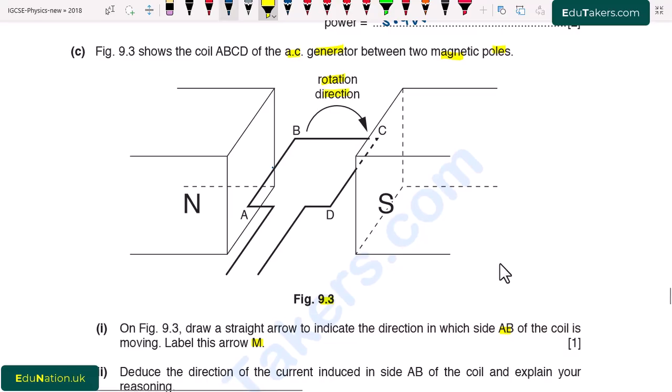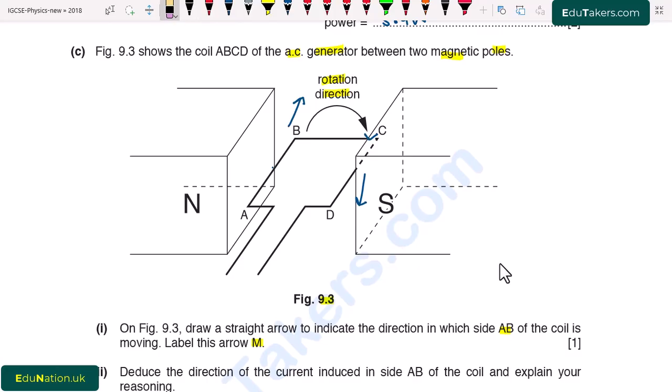It means that there are two forces. One is acting in this direction and the other is acting in this direction, due to which this coil rotates. So we can simply say that on the side AB, the force is acting vertically upward, while the force on side CD is in downward direction, due to which the coil rotates in this direction.